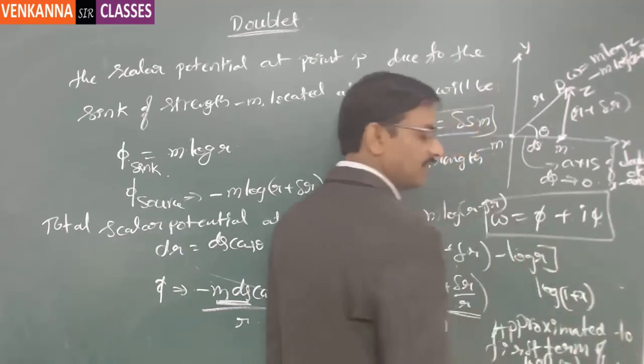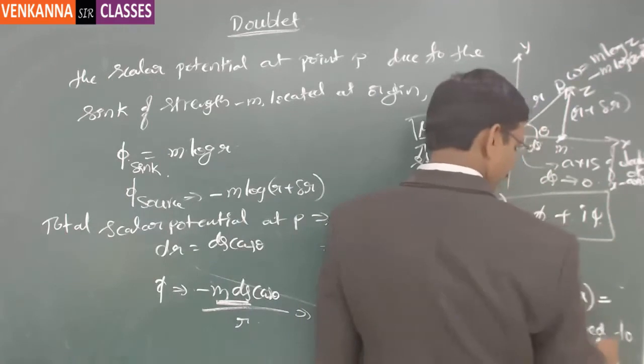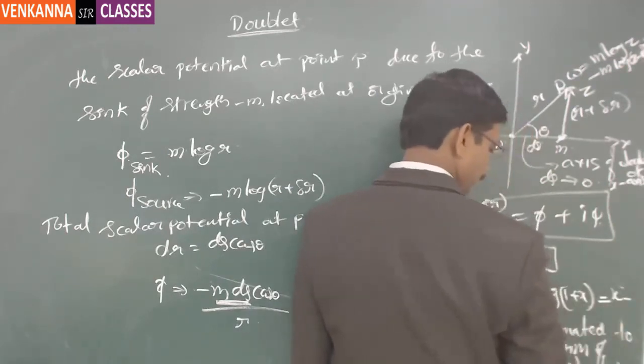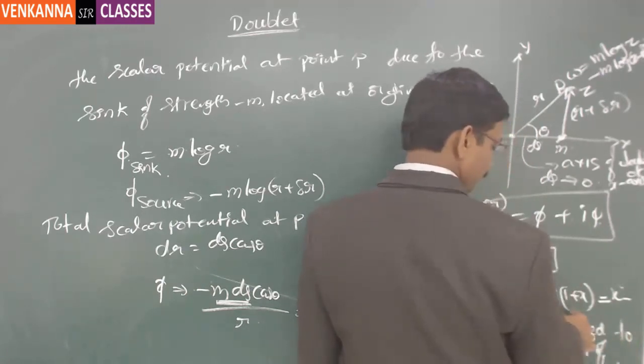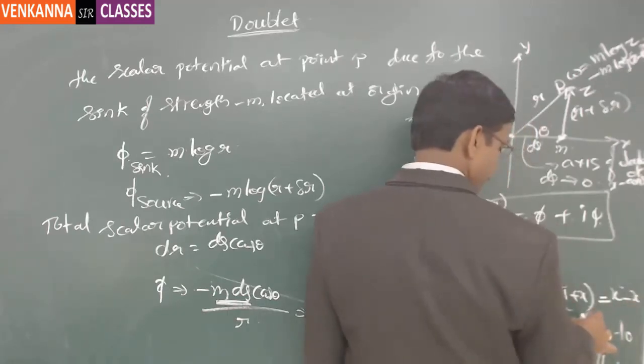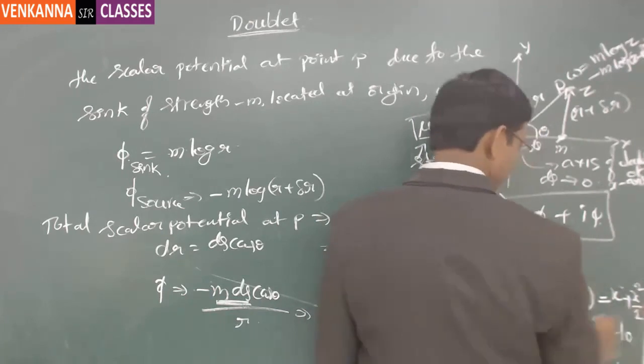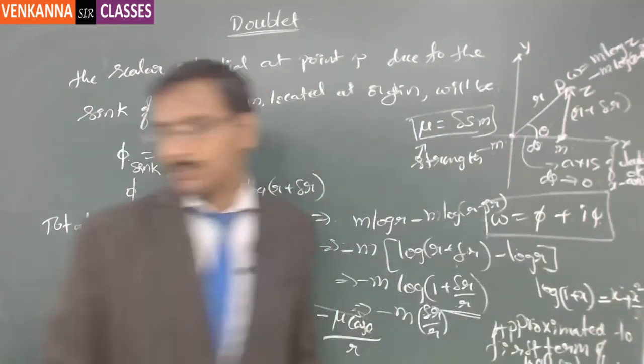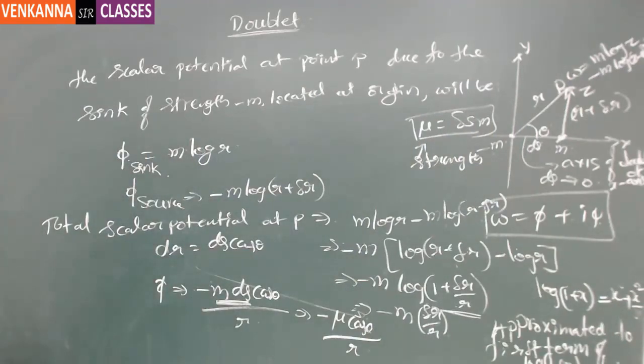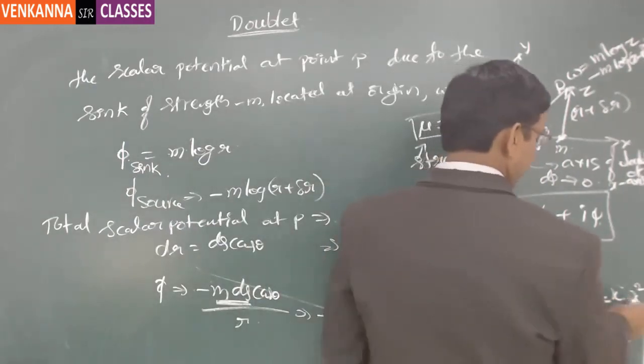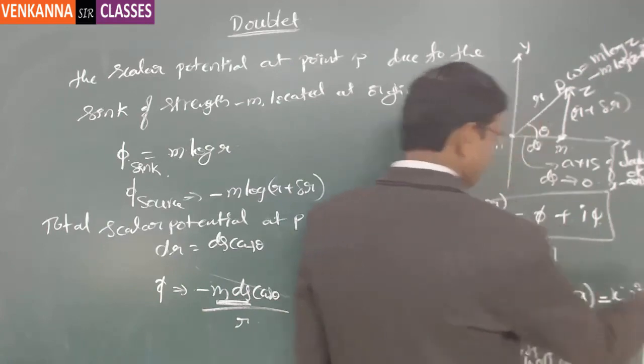Now the log 1 plus x expansion with the help of the Maclaurin series will be x minus x square by 2 plus x cube by 3, like that the expansion will continue.